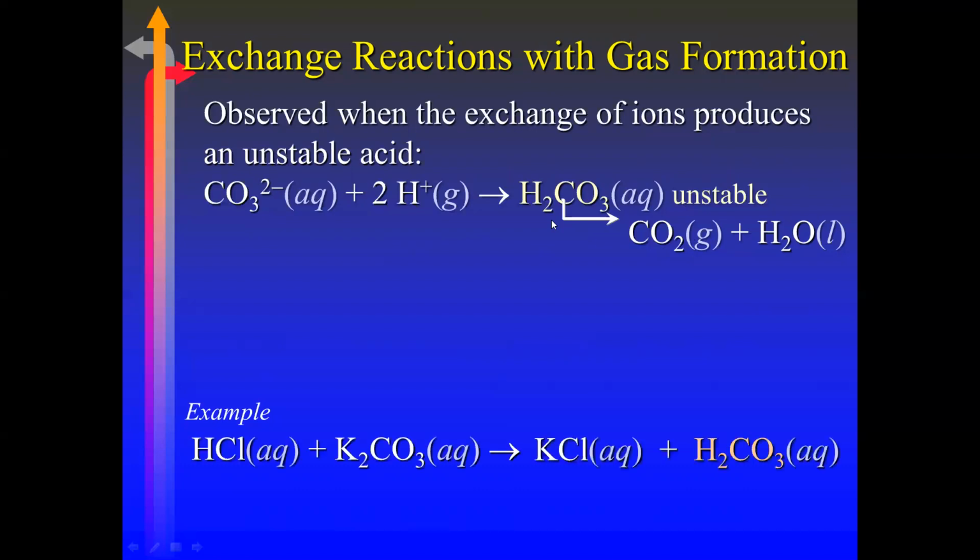So the example is, if you have this acid and you have this ionic compound, and then you change the partner, so they will become potassium chloride, and the other one, you combine 2 hydrogen with this CO3, and you form this new acid, but this acid is unstable and will decompose into this, to form that.